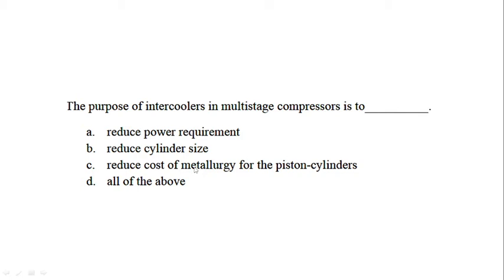So the answer for this one will be option D, as it reduces the power requirement, reduces the size in the next stage, and reduces the total material cost of the piston and cylinder.